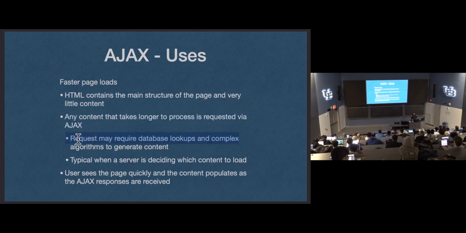And the reason this is a big speed up is those requests usually require a lot of database lookups or a lot of other expensive operations. If you're on some social media site, to populate that content takes a lot of work because, one, you make an HTTP request to the server. Server gets your request. Server's going to say, who dis?